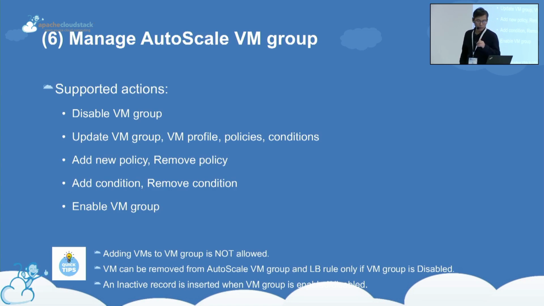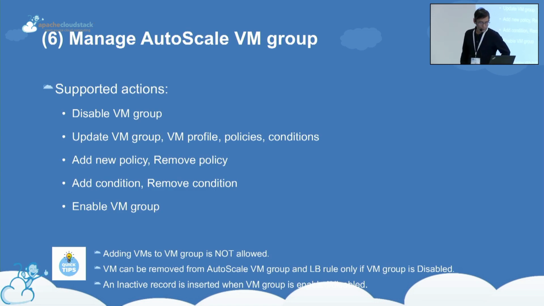Then we can update the VM group, VM profile, policies, and conditions, and add a new policy or remove an existing policy you do not need. Add conditions, remove conditions, and then the last step is to enable the VM group. So all the settings will be enabled.